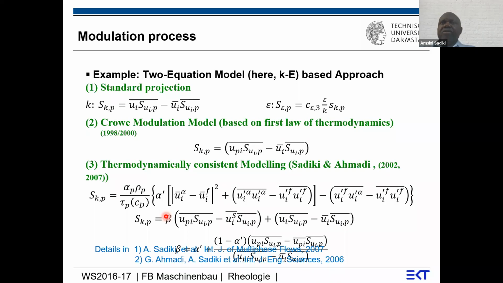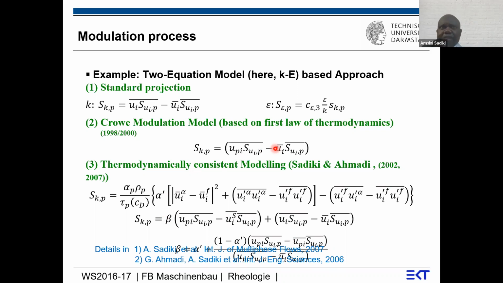And in the past, we observed that using only this model, we could not capture the two effects: the attenuation effect if the particles are very small, and the enhancement effect if the particles are very large.